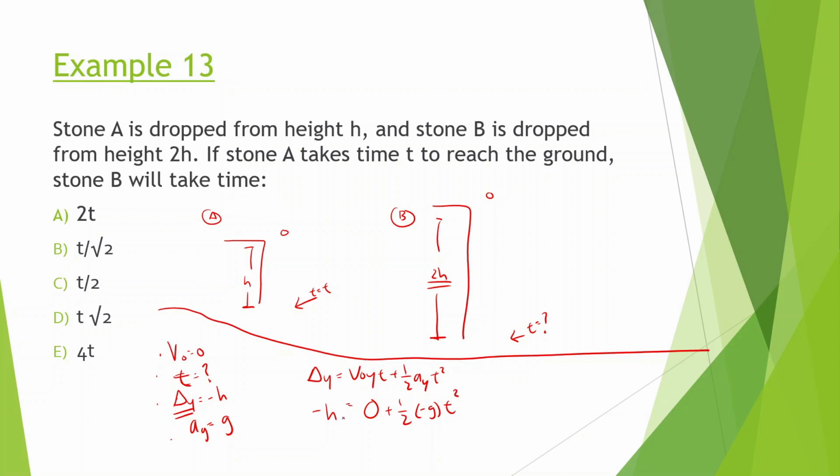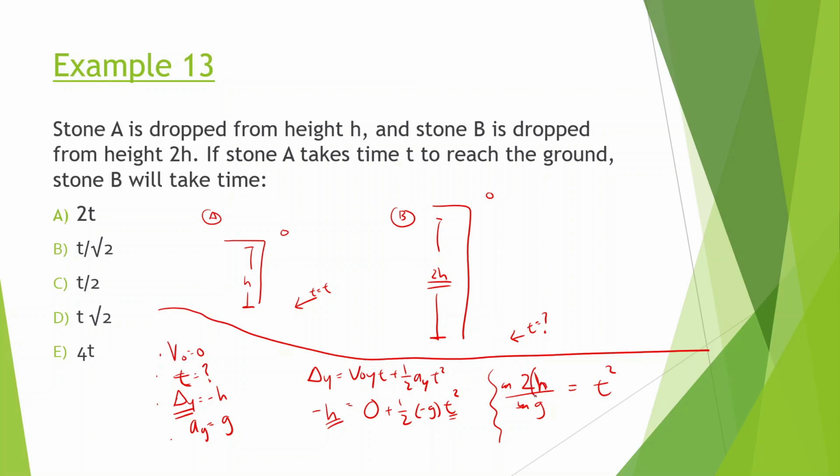So what we want to know is, as this h changes, how is t going to change? I'm going to put everything onto one side except the t. If I bring this over, it's going to be 2h, or negative 2h over negative g, the negatives cancel out, is equal to t squared. Now what I want to know is, as h changes, how is t going to change?